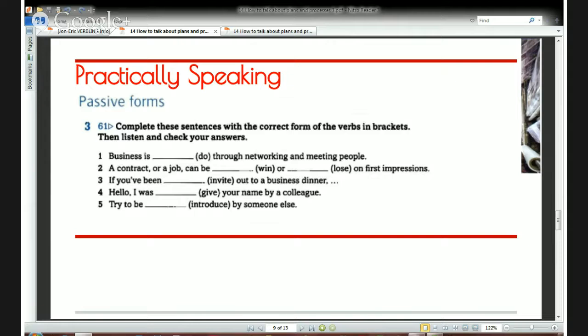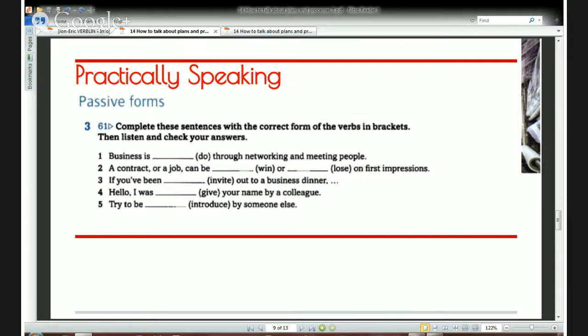The past participle is the form you can remember because it participates with another verb. So is done is always the form. You can also use it with the present perfect. Has done. He has done a good job. So the past participle always has another verb in front of it. So that's how you can recognize it's the past participle.